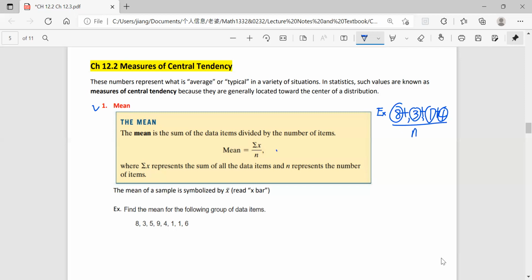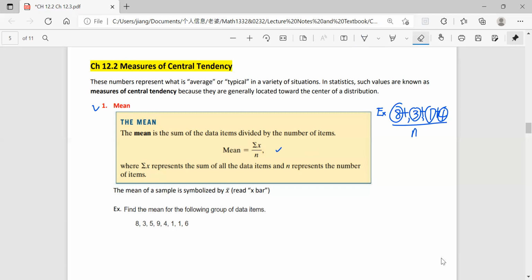So here is the formula: the mean equals sigma x over n. This symbol is sigma, meaning the summation of something.